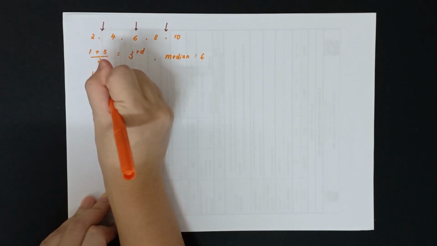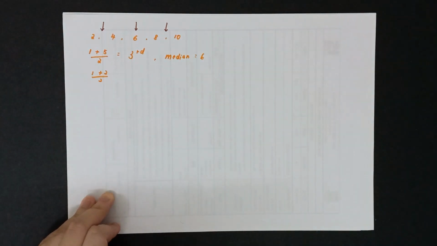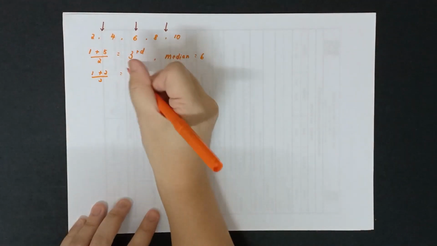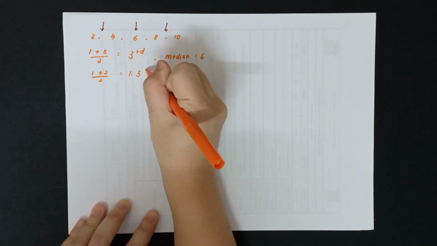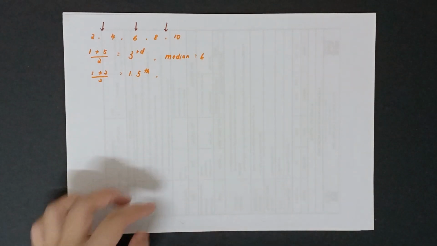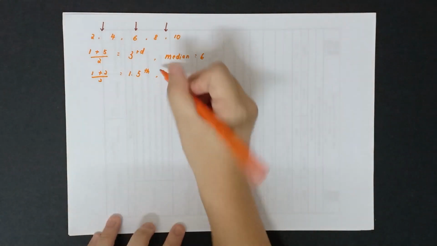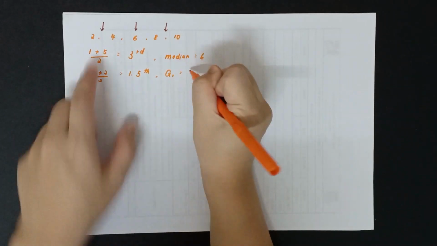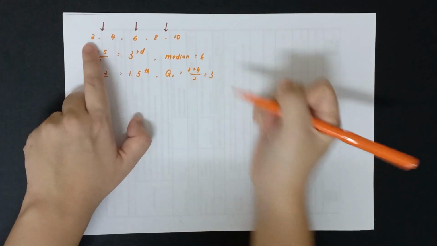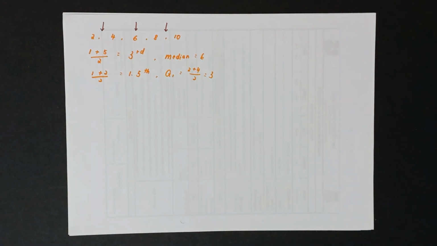So 1 plus 2, divided by 2, which gives you 3 divided by 2, which is 1.5. So what does 1.5 mean? It means the value between the first value and the second value. So that's why your Q1 will be 2 plus 4 divided by 2, which is exactly the same thing we identified just now.